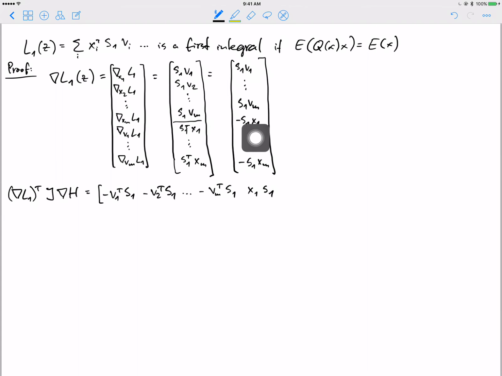Now there is no minus because the minus was already there, so these two minuses cancel. Again, I transpose the whole thing, I get x1 transposed s1 transposed. s1 transposed is minus s1, but there already was a minus, so that minus goes away. Then x2 transposed s1, and so on up to xm transposed s1. So that's a very long gradient of L1 transposed. And then I am multiplying it by this thing, by J times the gradient of H.